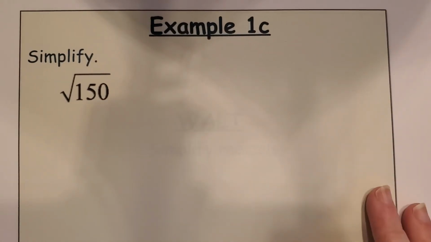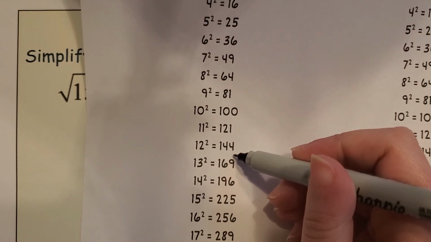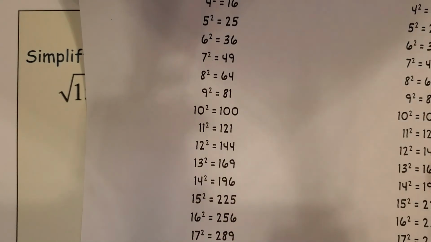And I think this is going to be the last one. So real quick, 150 would go in between 144 and 169. So the biggest perfect square that's smaller than 150 is 144.